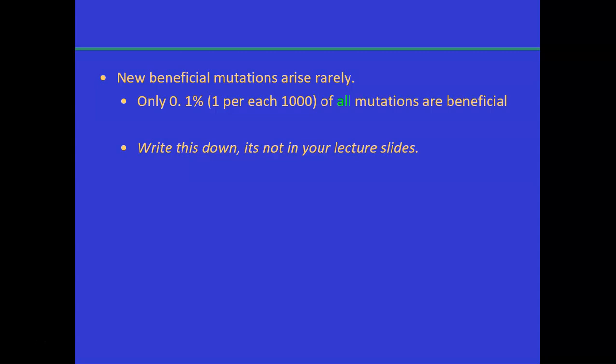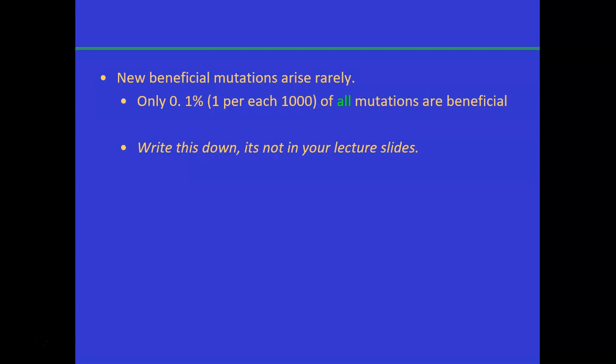And the mutations themselves tend to be pretty rare too. So all this to say that new beneficial mutations arise very rarely in populations. Evolution is generally a slow process as a result.